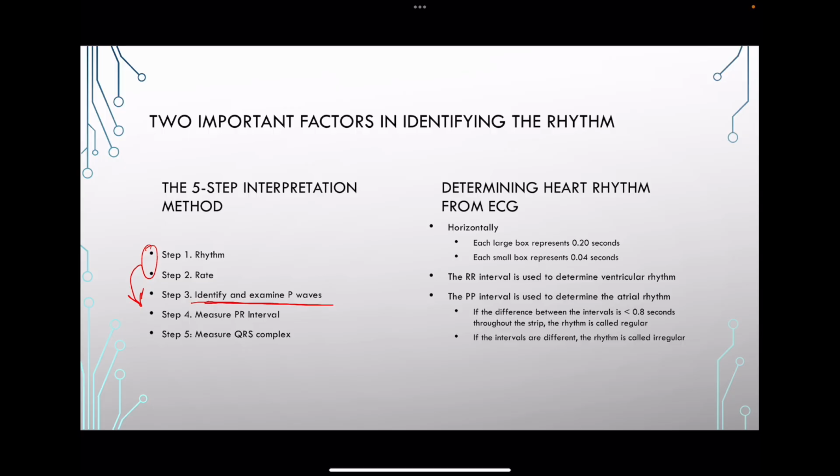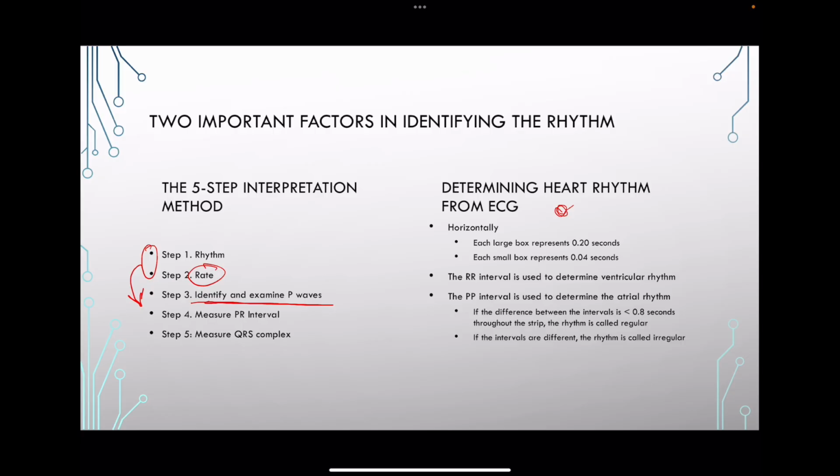Okay, so once you identify if it has a P wave, then you're going to see if it has a singular QRS and then the T wave, and if your R to R intervals are equal, to be able to get the rate by counting how many R to R or how many QRSs you have in 6 seconds. Okay? And this is what we were doing earlier, this side.